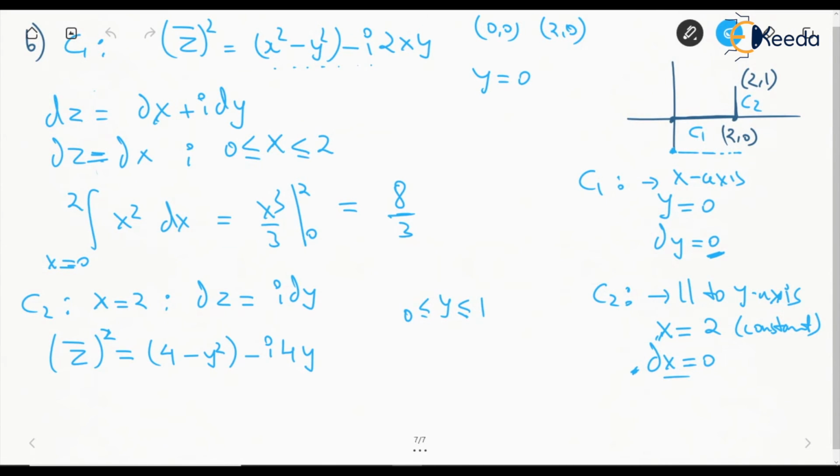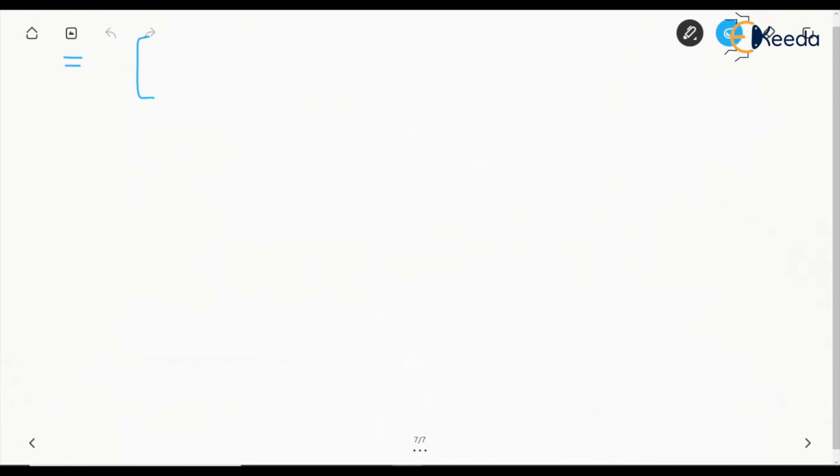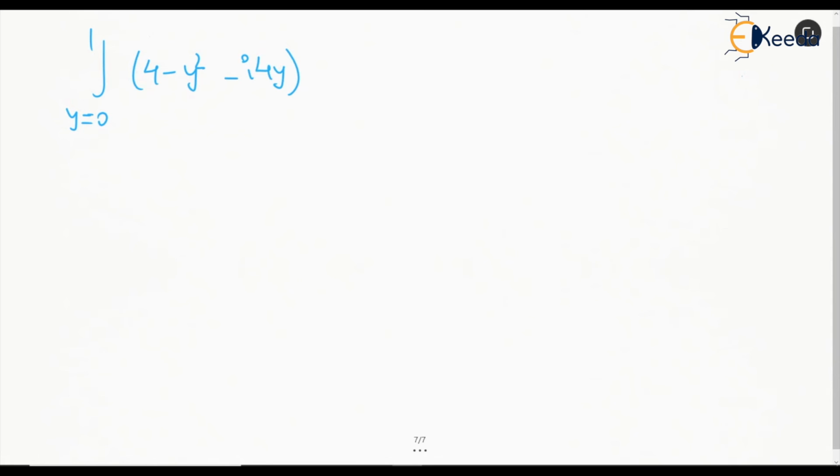Now this integration, we can directly integrate and check or put the limits. So let's write what is the limit. This is integration y equal to 0 to 1, 4 minus y square minus 4y in the imaginary part, and instead of dz we will write i times dy.